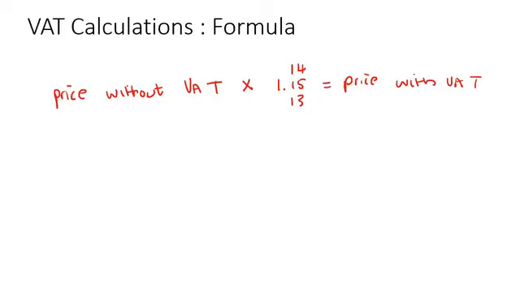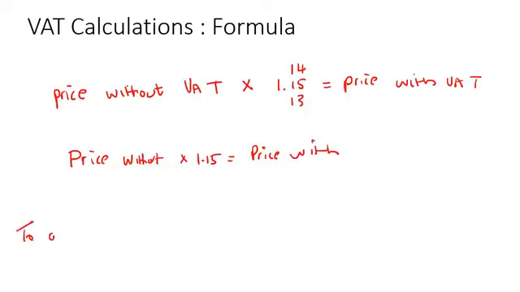So let's just write this out again. Price without VAT, multiplied by 1.15, is equal to the price with VAT. Now, something else I want to say that's just going to make your life a whole lot easier is you can actually just do this.